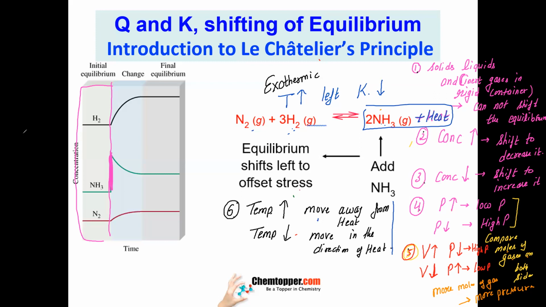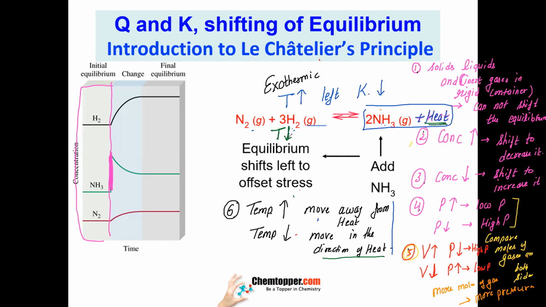Okay. Now, if I decrease the temperature, in which direction will it shift? It will shift in the direction of heat. Sanvi, where is heat? Look at the equation. Heat is here to the right side.